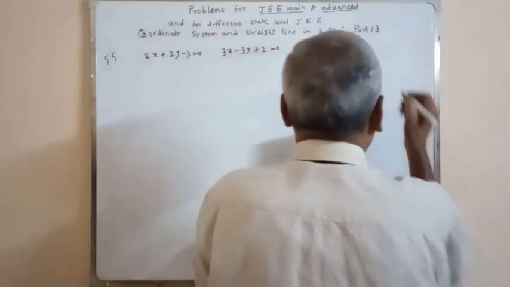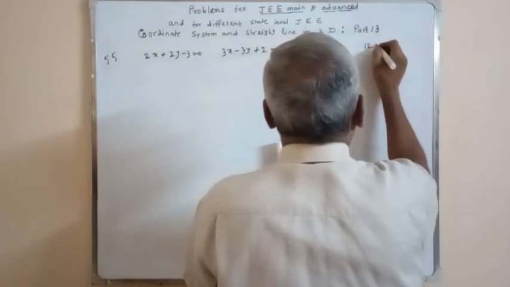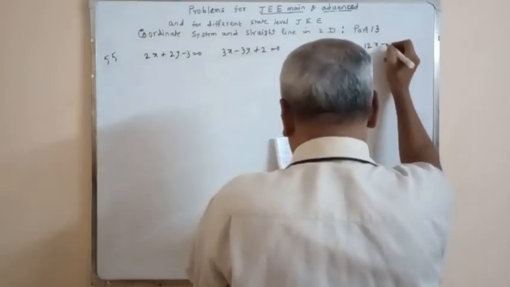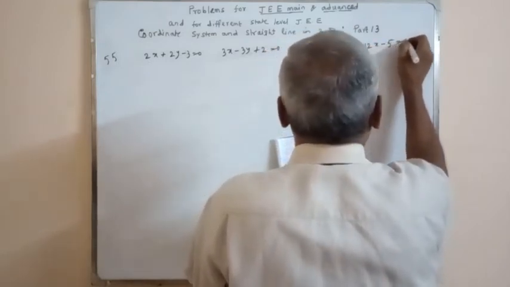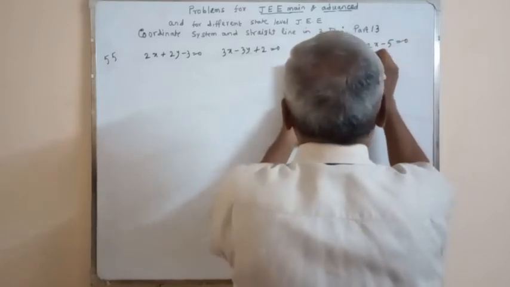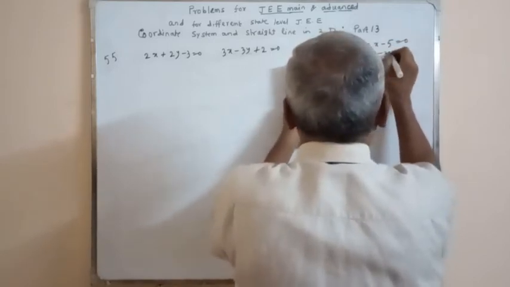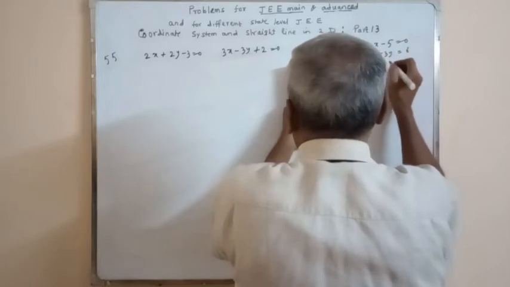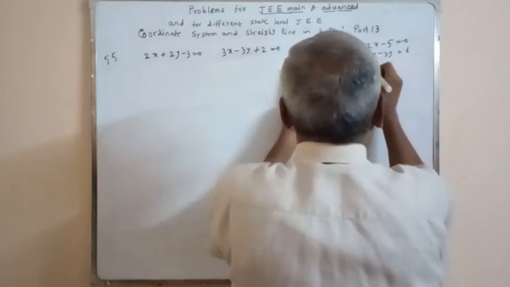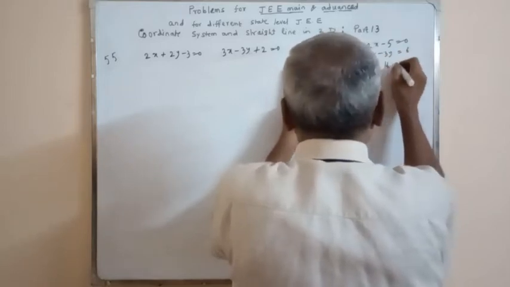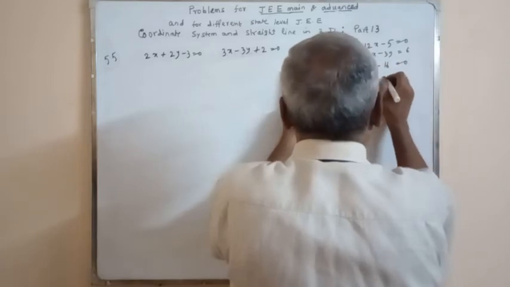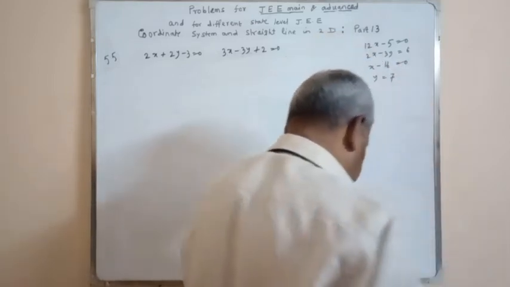Options: 12x - 5 = 0, 2x - 3y = 6, x - 16 = 0, y = 7.